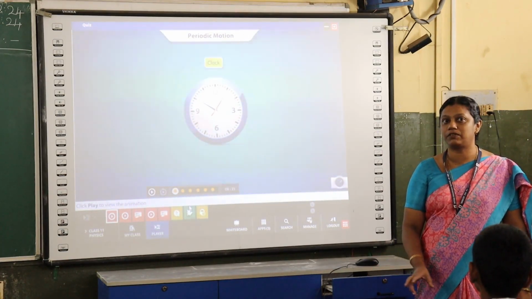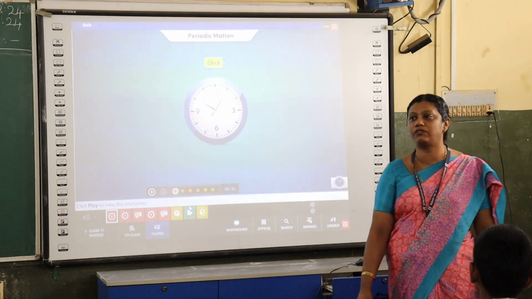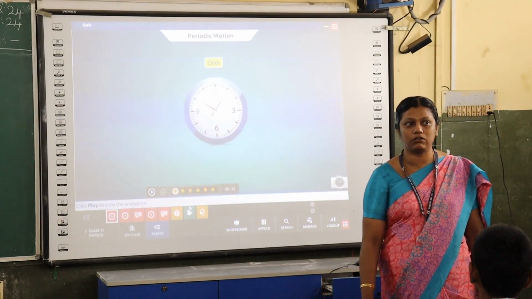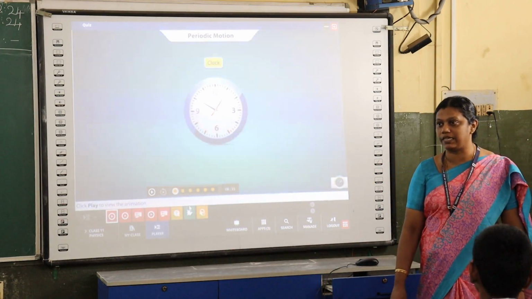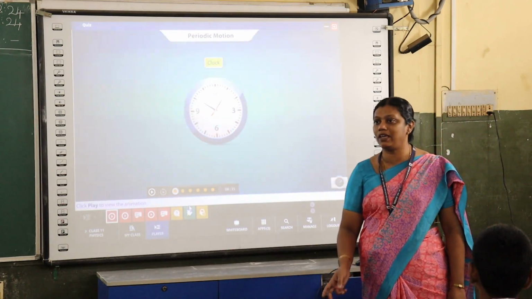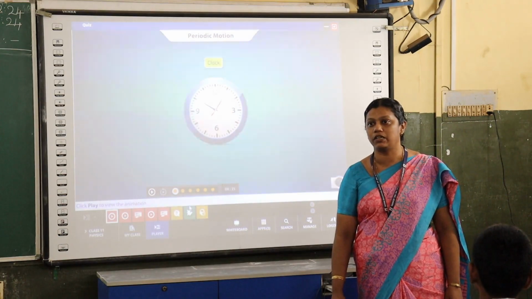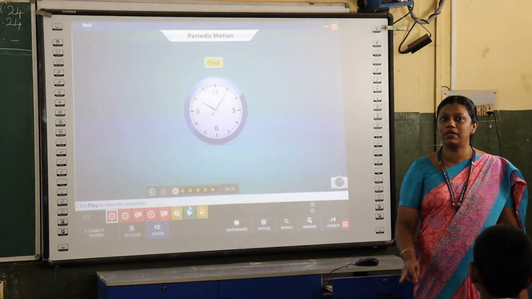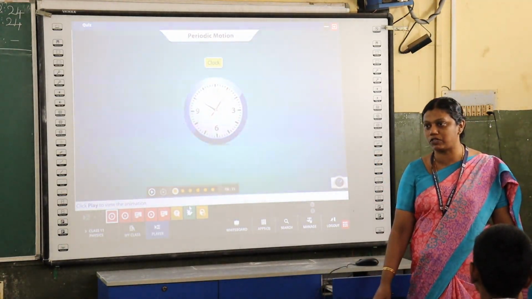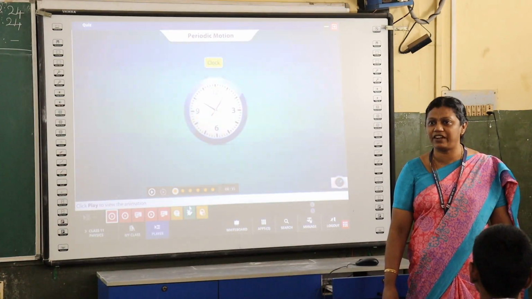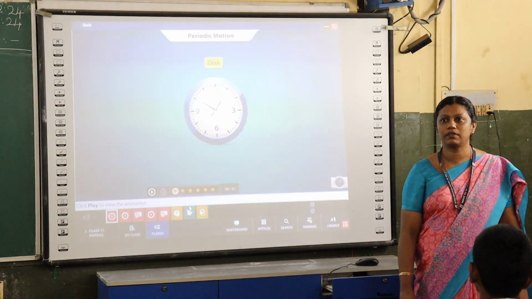Again, come back to the four examples. Take two of them: the motion of the second hand of the clock, which is periodic, and the motion of the swing, which is also periodic. Their similarity is that both are periodic motion. Is there any difference between these two motions?